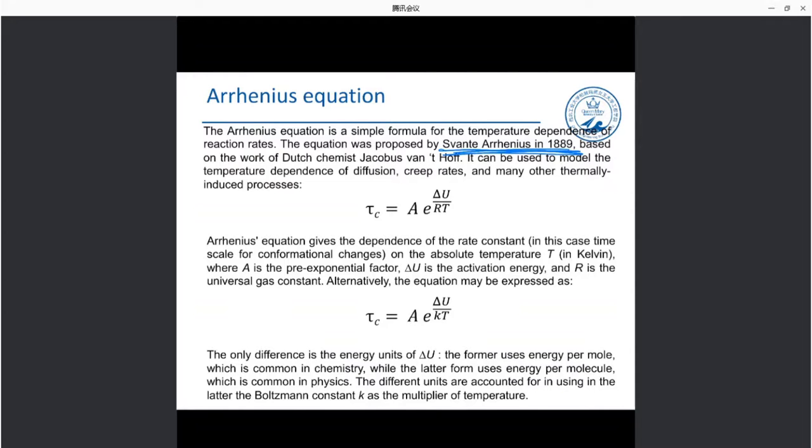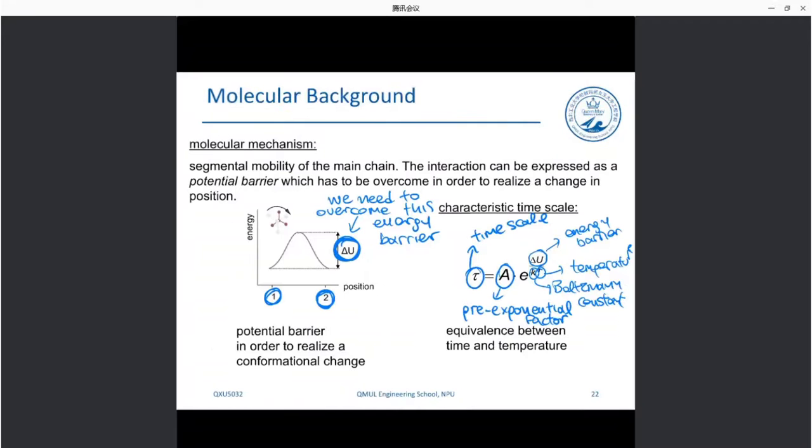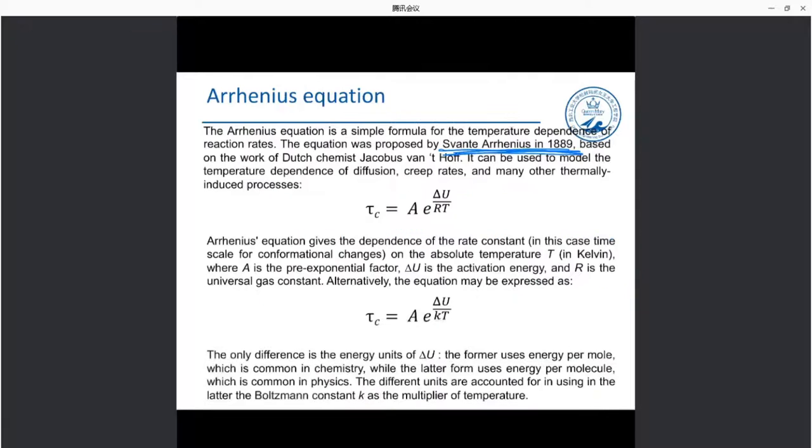He was Dutch, and essentially, besides the time scale, it's a kind of reaction rate as well, in order to evaluate when this change will take place.